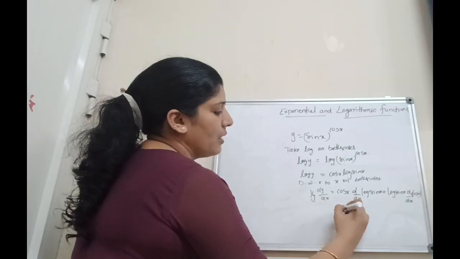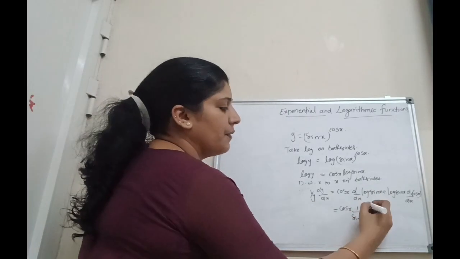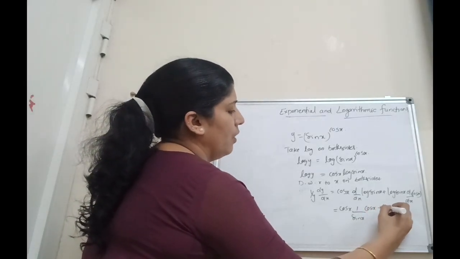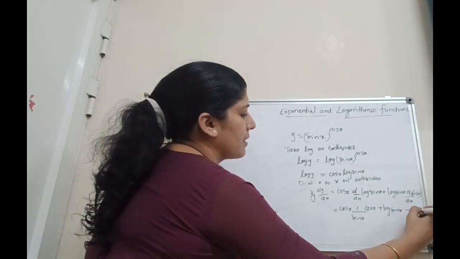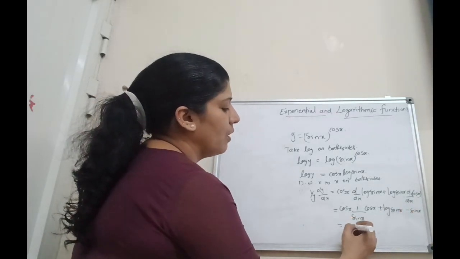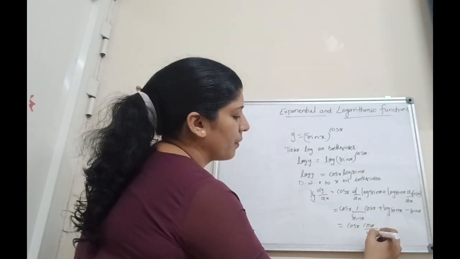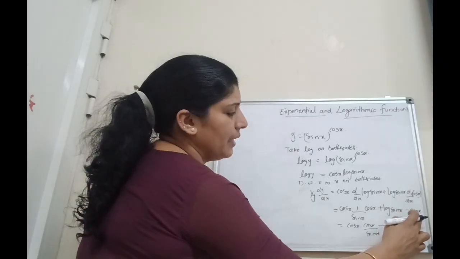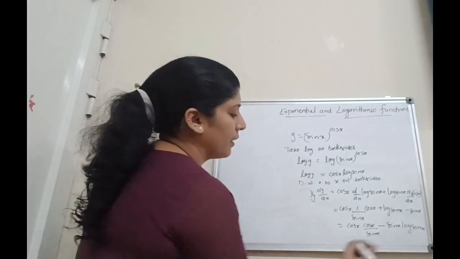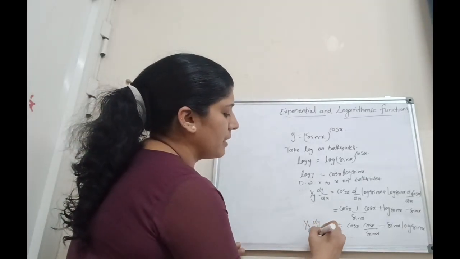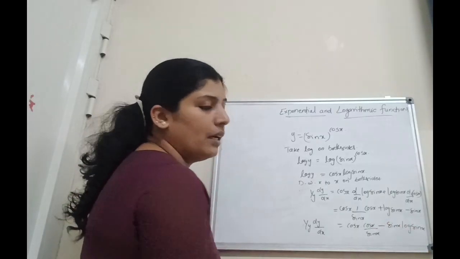That implies cos x into d by dx of log sin x is 1 by sin x into d by dx of sin x is cos x, plus log sin x into d by dx of cos x is minus sin x. That is equal to cos x into cos x by sin x, then minus sin x into log sin x. That is 1 by y into dy by dx equal to cos x into cos x by sin x minus sin x log sin x.